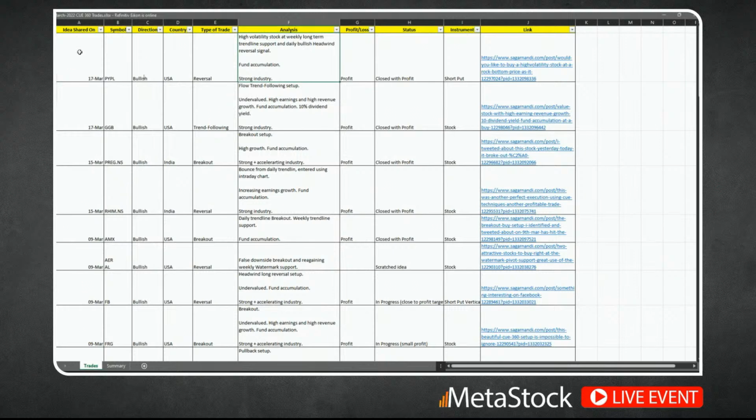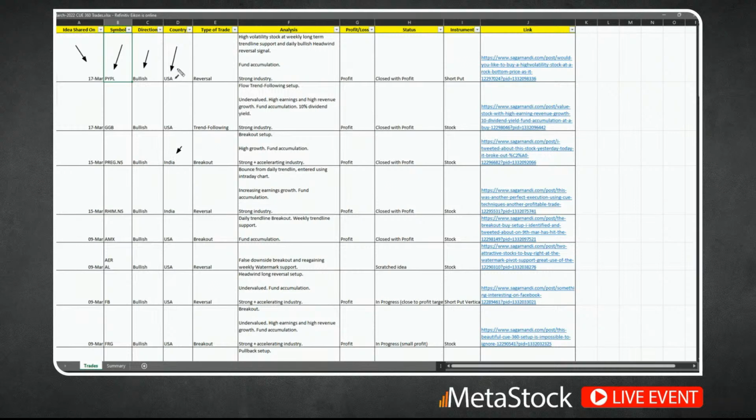What you have here is the date when the trade was first shared, always before knowing the result, the symbol. Let me point out date when it was first shared, either on Twitter or on my website, the symbol, bullish or bearish, country, USA or India. 72% of the trade ideas I shared were on the USA market, rest were on India.